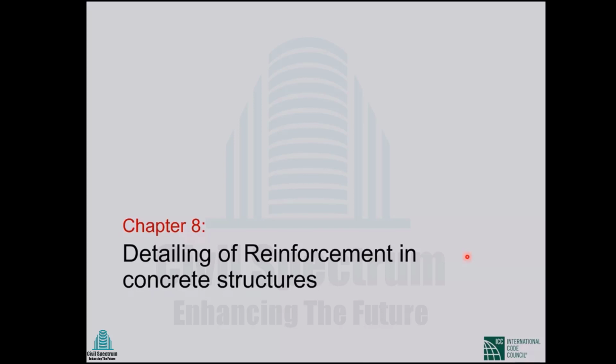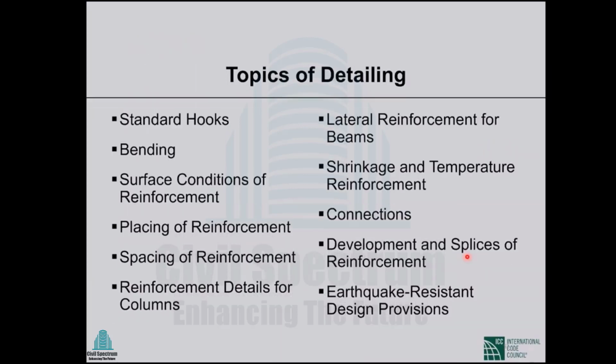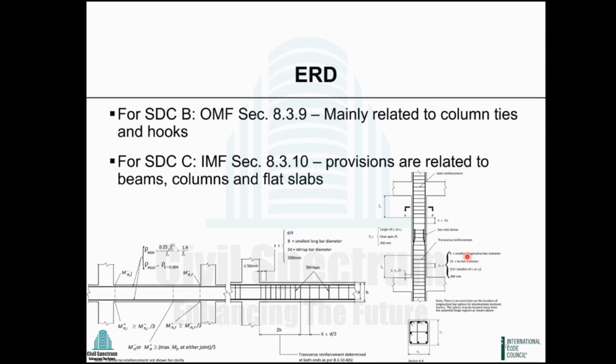I think Dr. Ghosh will cover these, and I have mentioned some sections which you have to follow to design according to SDC B, C, or D. So these are the topics that are covered in this detailing chapter. All of them are very, very important. So please go through them if you want to design a structure really appropriately.